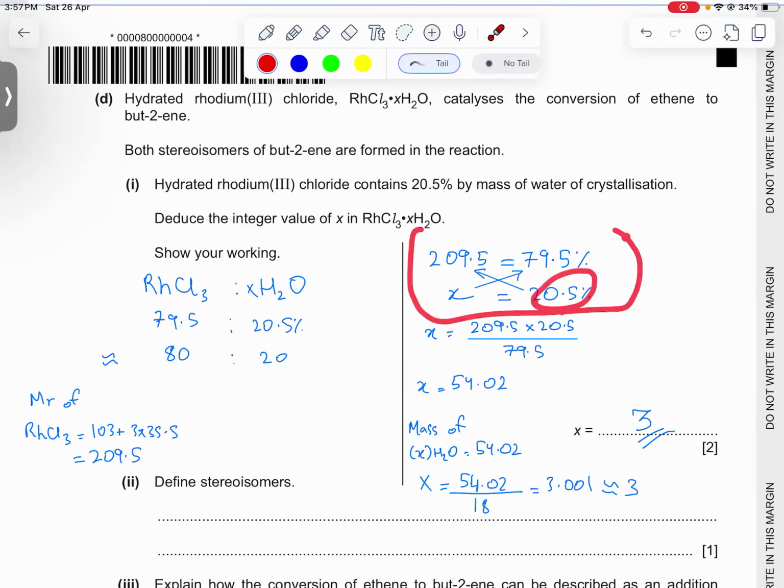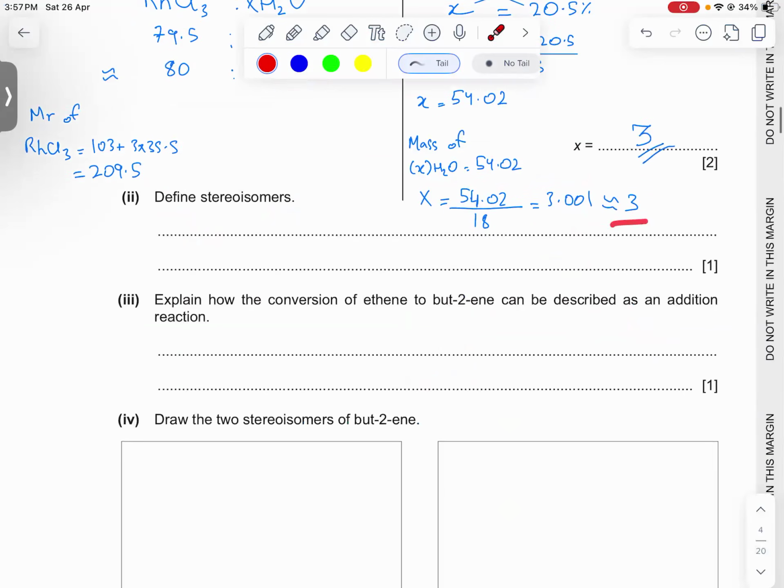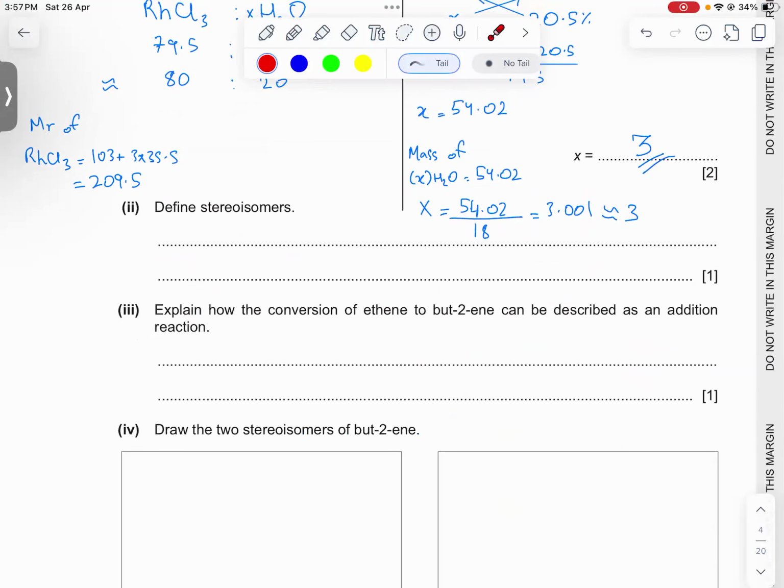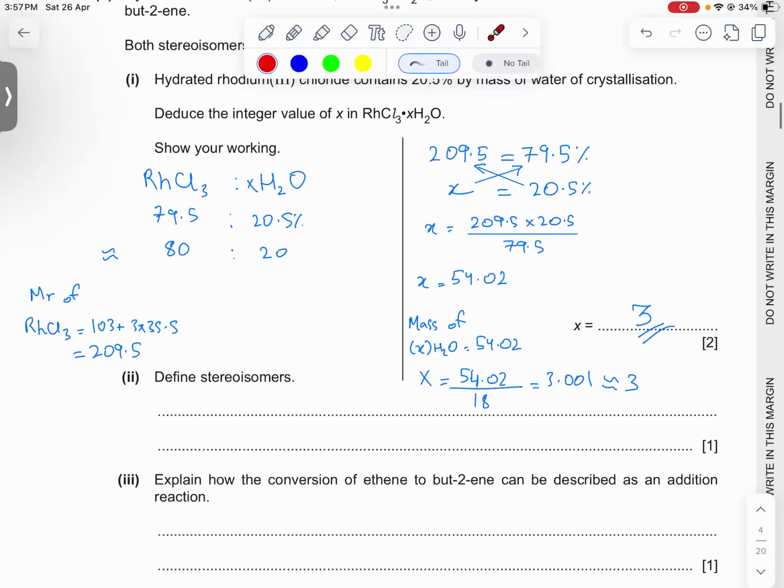So we just use the unitary method. Once we do that, we found that 20% should be equivalent to roughly 54 mass. How many moles of water are required to equal 54 mass? 3 moles, because one mole of water is mass 18. I hope that makes sense.